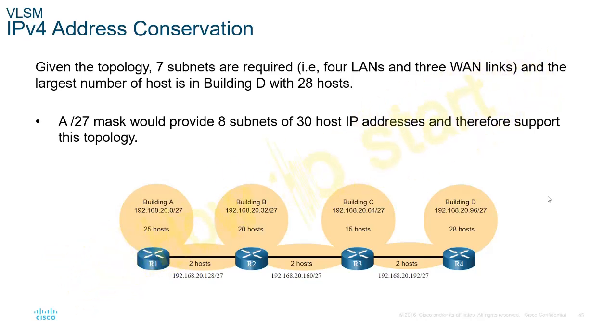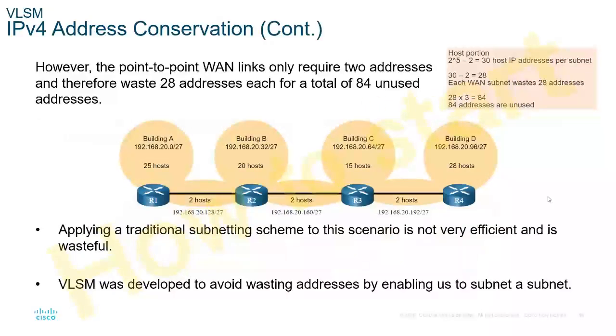With VLSM, we can actually modify this so that we don't need to waste so many addresses. Here, we are wasting 28 addresses per network. So we have a lot of waste.